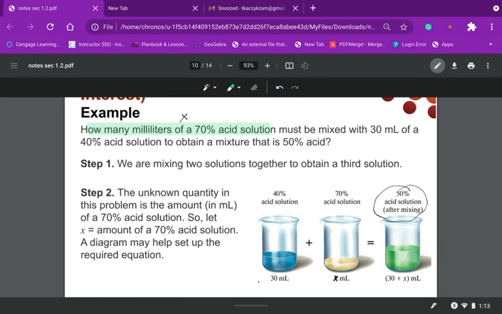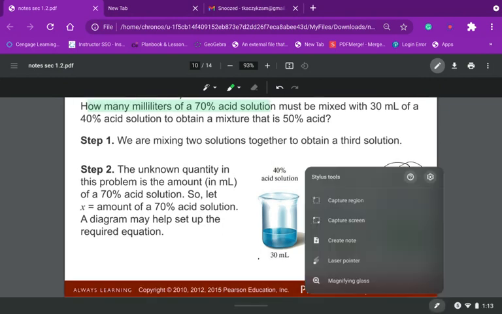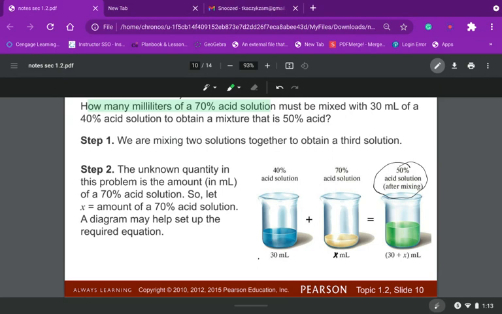Okay, so here in the picture, you see that expression 30 plus x that just expresses the amount of this solution, because we mix 30 milliliters of the first solution plus, this is what we're trying to figure out, x amount of the second solution to get a brand new solution which contains 50% of acid solution.